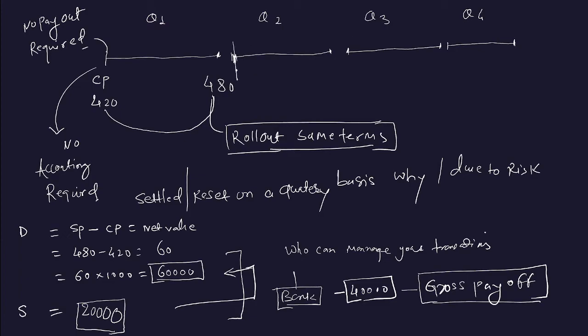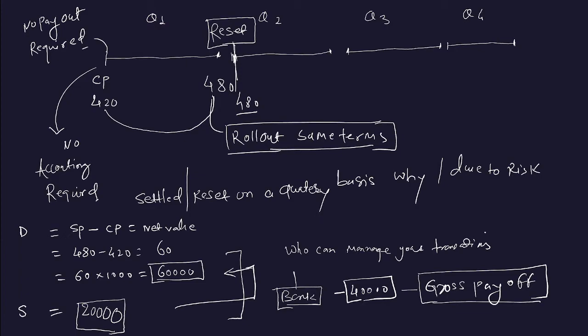Then let's say here the price was again 480. When we reset the contract, you can define new terms and conditions, and here there is one more change.